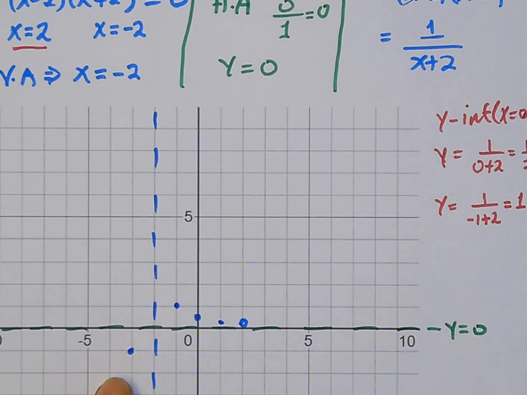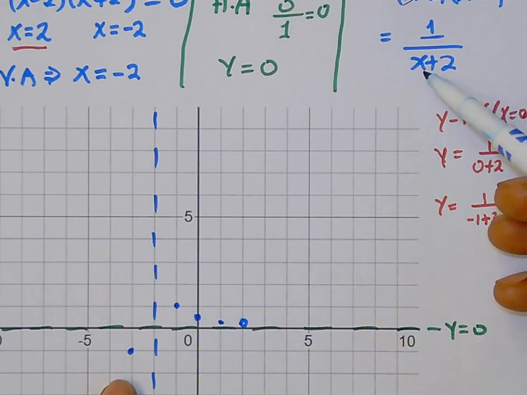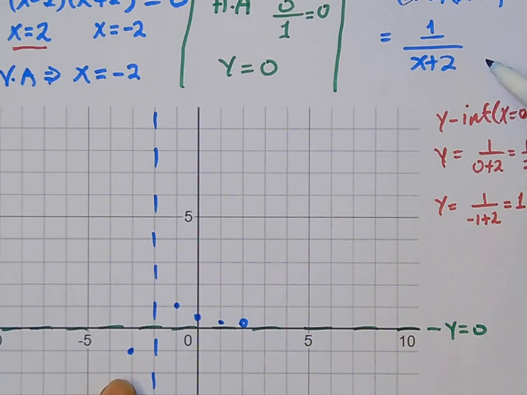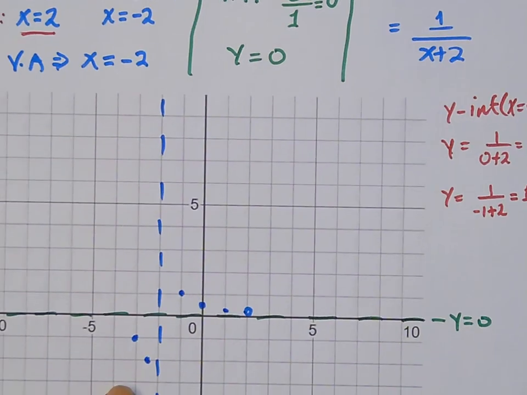How about if x equals, let me pick something like -2.5. If I plug in -2.5 here, I end up with 1 over -0.5, which translates into -2. So when it's -2.5, that will be -2, somewhere down here. Okay, maybe let's add one more.